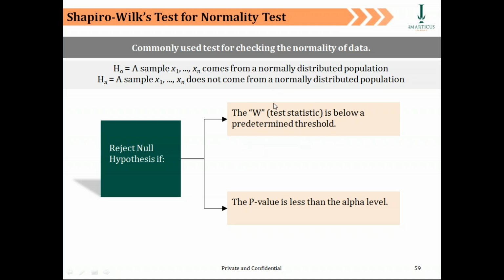And there we calculate some statistic. So you remember I mentioned that every time we are not going to plot the graph, we have other measures as well. Looking at a single value, we can say that your data is normally distributed or not normally distributed. And that is done with the help of the Shapiro-Wilk test.